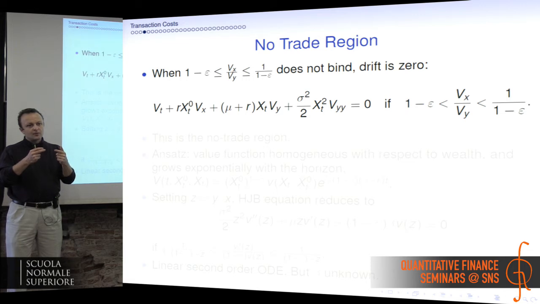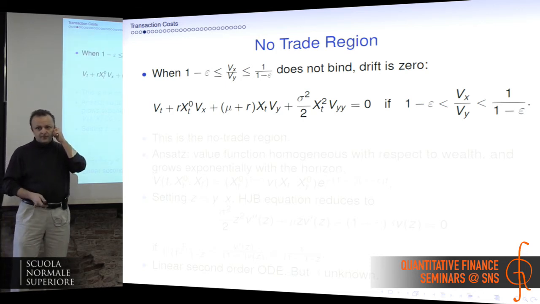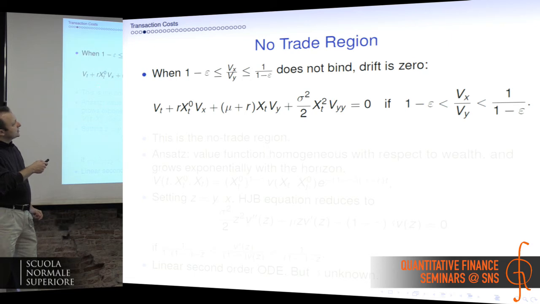And when you sell, what you gain by selling in terms of having a better portfolio, a portfolio that is closer to your ideal, is less than what you're losing by trading again. So this is essentially what is known as the no-trade region.